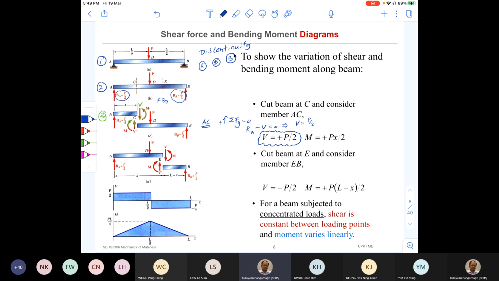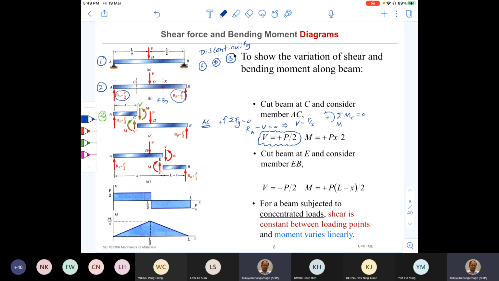And then how about the bending moment? To find the bending moment M, we need to apply the moment equation of equilibrium again, at point C. The summation of all the moments at C should be equal to 0. I'm writing the equation directly.